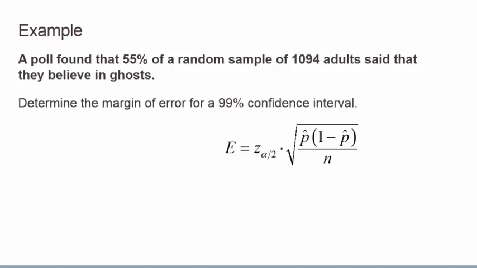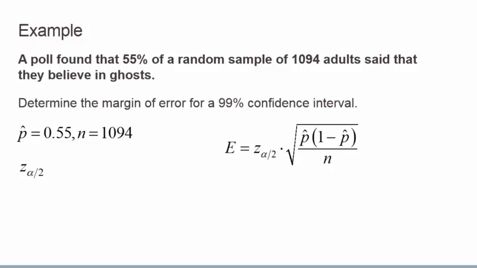Our formula is E equals z sub alpha divided by 2 times the square root of p hat times 1 minus p hat divided by n. Looking at our original problem, we know p hat is 0.55, n is 1,094. We now have to find z sub alpha divided by 2.